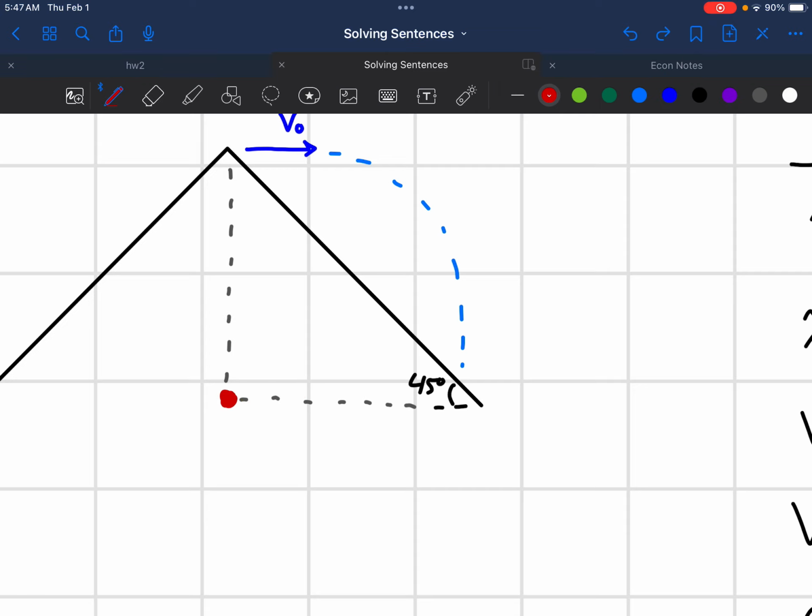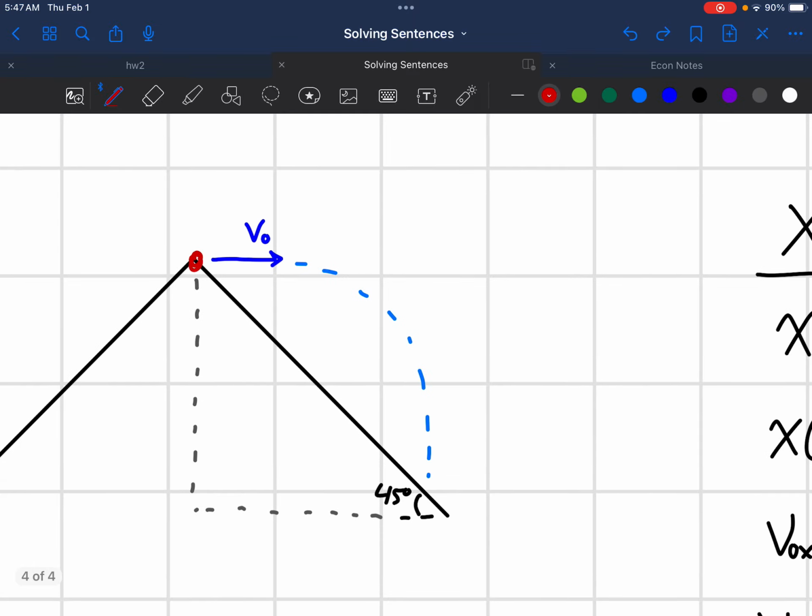Actually, let's shake this one up a little bit. I'll put my origin up here for this one. And just because we're shaking things up, we'll say down is positive.